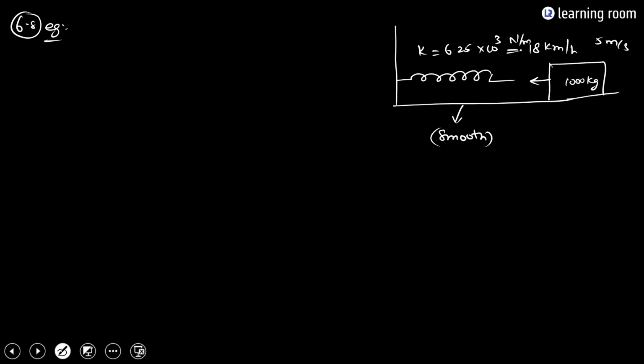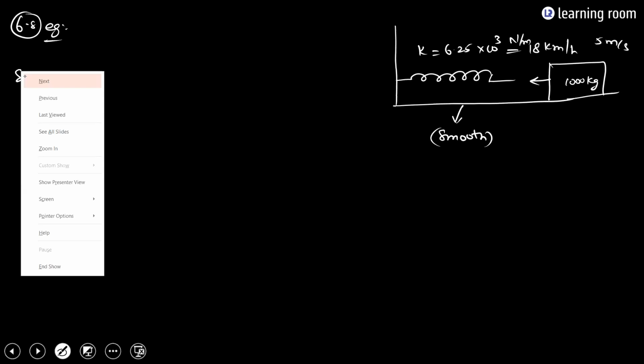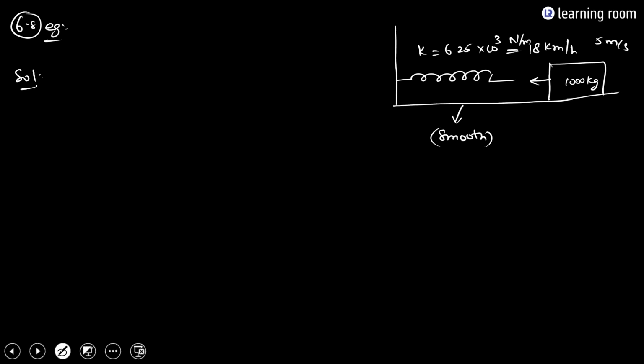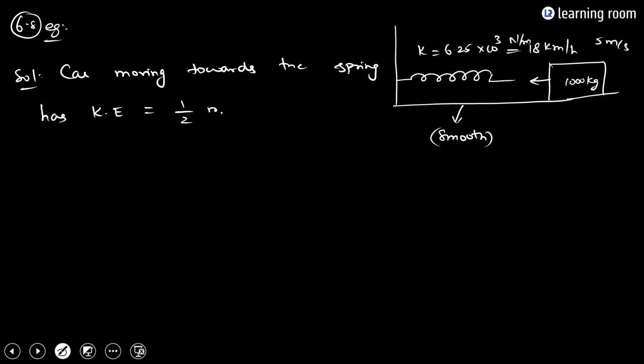If you see the solution, the car moving towards the spring has kinetic energy of half into m into v square. Let this be equation number 1.